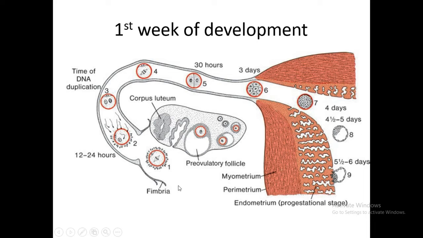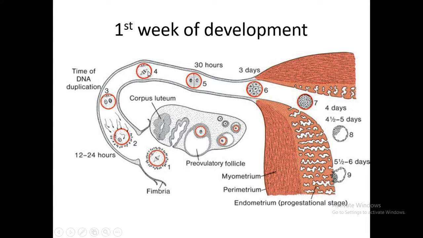Here we see the ovary and the Graafian follicle. From here the secondary oocyte is ovulated and enters the fallopian tube. Here we see the transport of sperm. Then this is the time of DNA duplication, and this is the zygote formation.